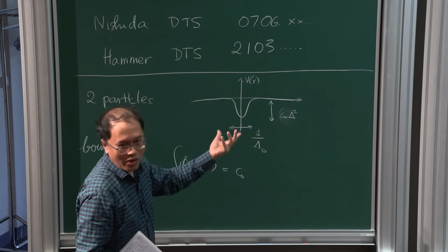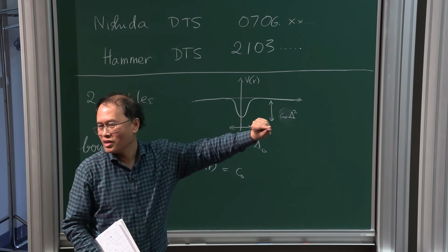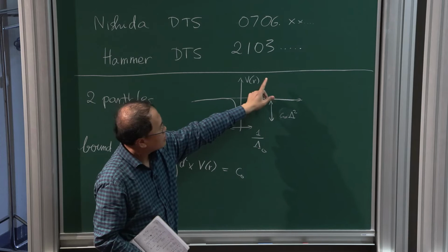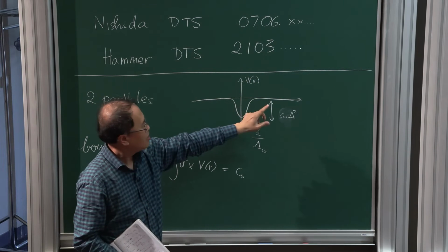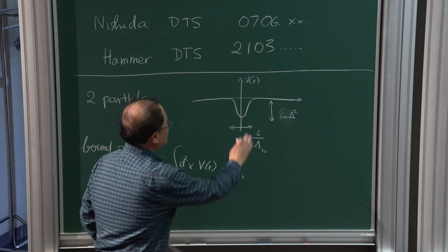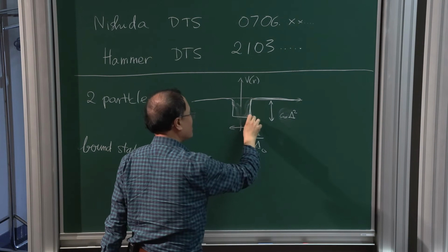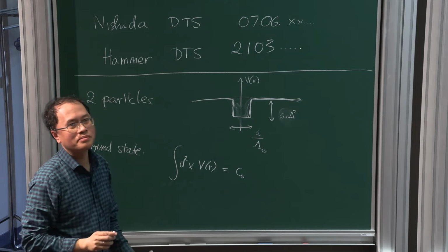Okay, two-particle quantum mechanics reduces to a particle in an external field. So here you just need to solve the Schrödinger equation of a particle in an attractive potential. And for simplicity, one can take, for example, a square well potential. Solve it.